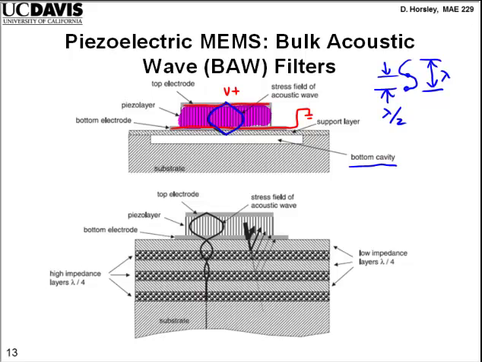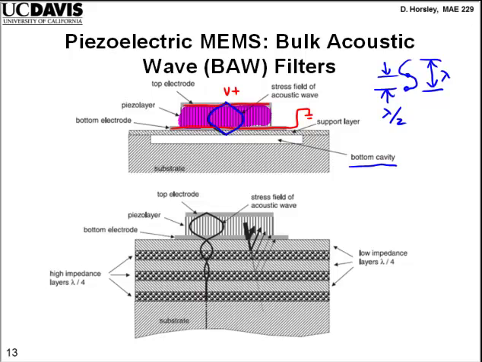So that means that when we put energy into this structure, there's very little loss to the air, and in other words, this thing can be very high Q, because remember, Q is a measure of the energy dissipation. So by having air on the top and the bottom of this bulk acoustic resonator, we can make a very high quality factor resonator.